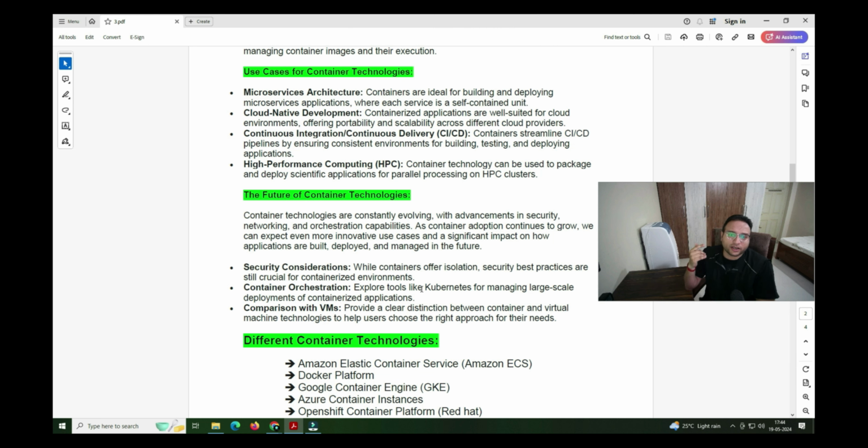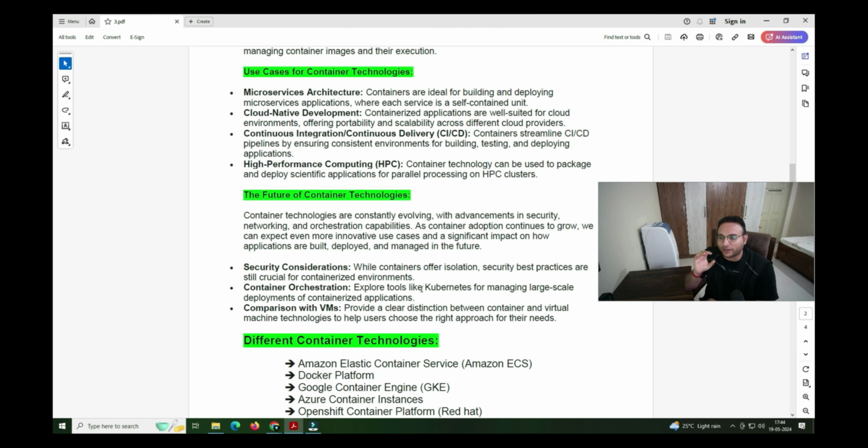Container technologies are constantly evolving with advancement in security and networking capabilities. As container adoption continues to grow, we can expect even more innovative use cases and a significant impact on how applications are built, deployed and managed in the future. That is the core crux of it.